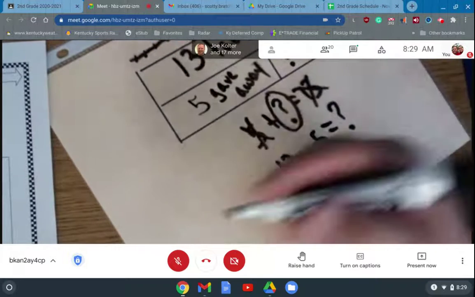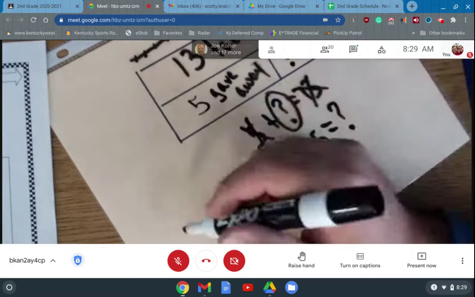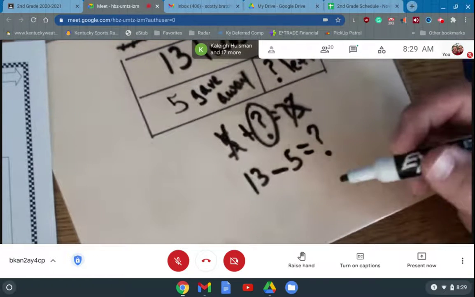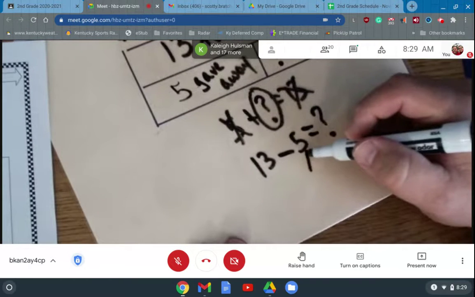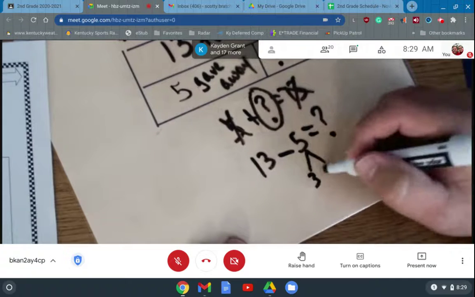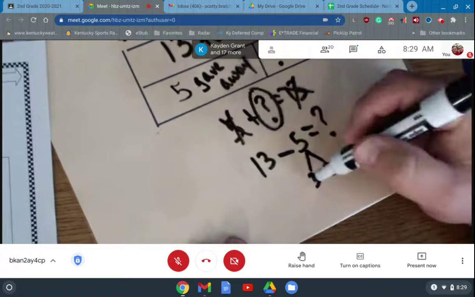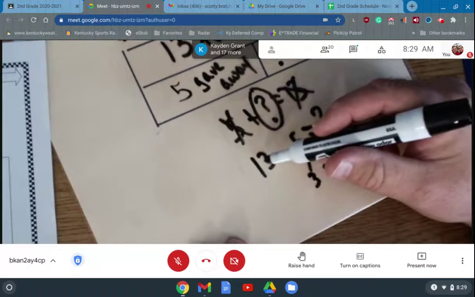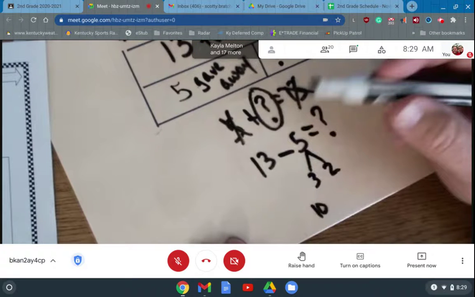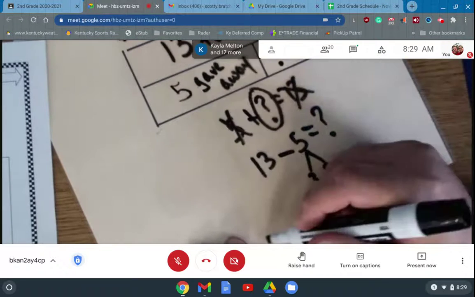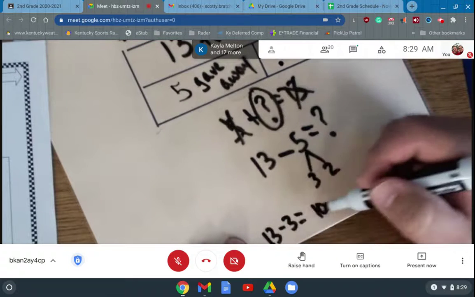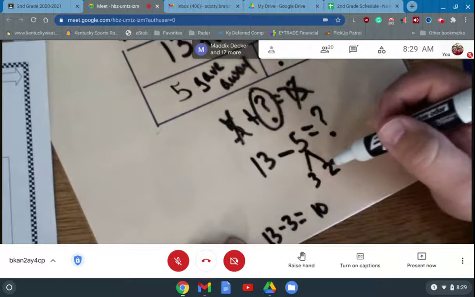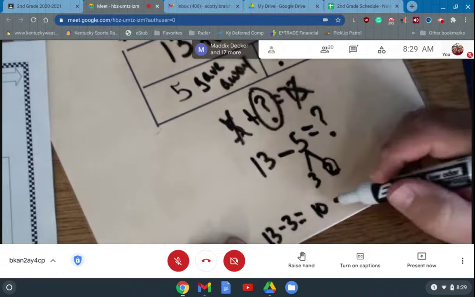So I've got 13. What I'm going to do here is take the 5 and split it into a 3 and a 2. If I take the 3 away from 13, that gives me 10. So 13 minus 3 equals 10. But I still have to take this 2 away.